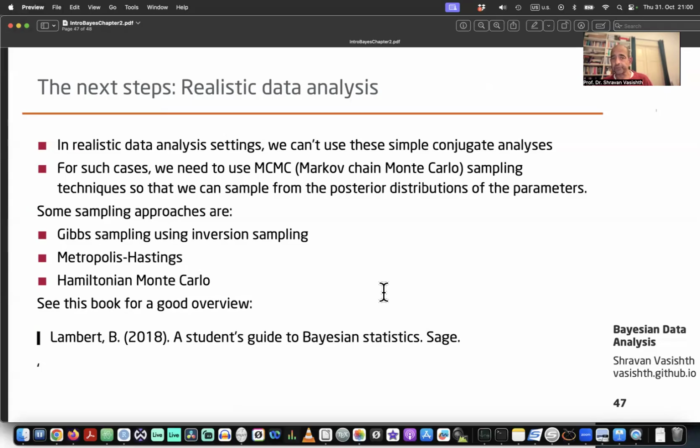And so what we're going to do is switch to using Markov chain Monte Carlo sampling to get the posterior of the parameters of interest. So we're going to get the joint posterior distribution of all the parameters, regardless of whether there are 5 parameters or 500, right? We're just going to get the joint posterior distribution using Bayes rule, using MCMC sampling.